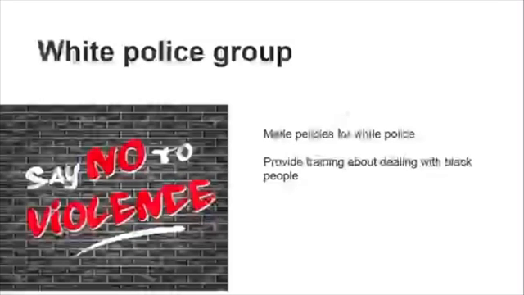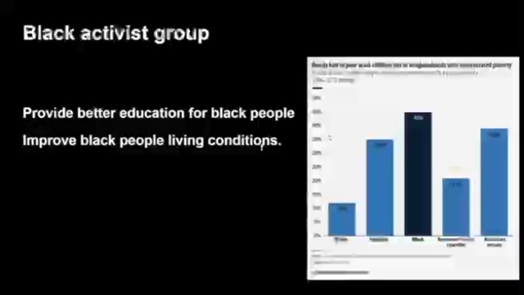And for the Black activist group, they should be provided with high quality education and better living conditions. If they can get better education, the Black crime rate will be reduced. And in the next stage, we will discuss which solution is better.